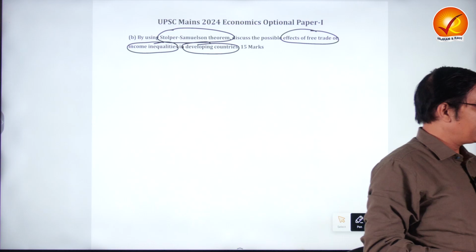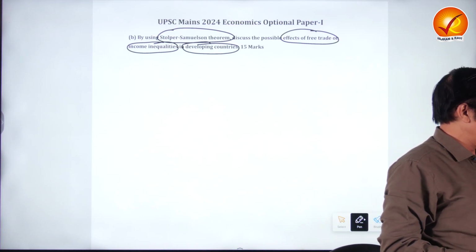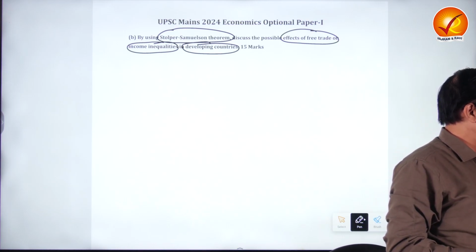The Stolper-Samuelson theorem is basically looking into the impact of relative prices.